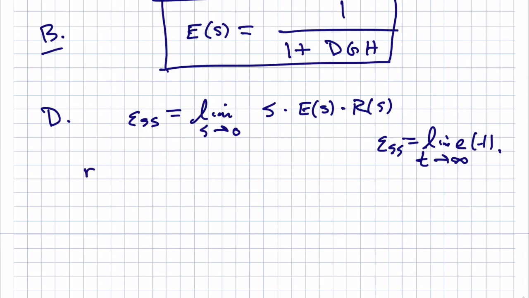Okay, so what we know is that the reference signal is 4t u of t. That was given in the problem statement. So that means R of s is going to be 4 over s squared.